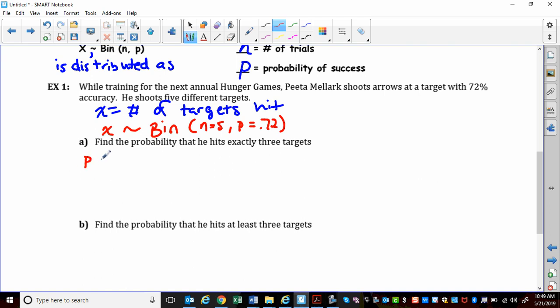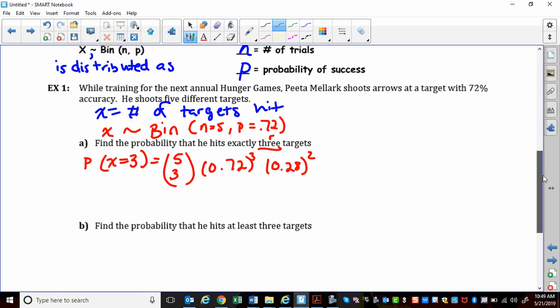So my formula, 3 targets is 5 choose 3, N is 5, so 5 choose 3. So 3 is R. 0.72 to the third power, and 1 minus 0.72 is my failure rate, which I think is 0.28, and this is to the second power.